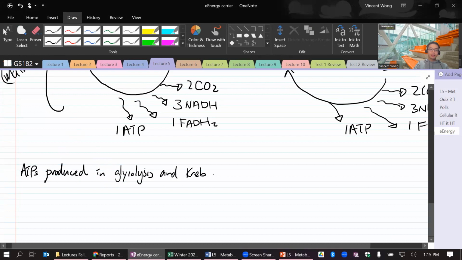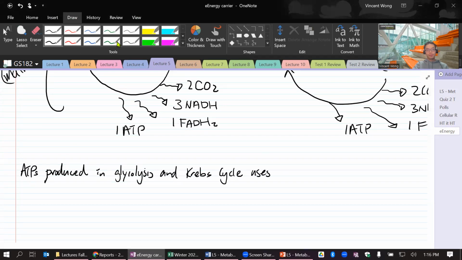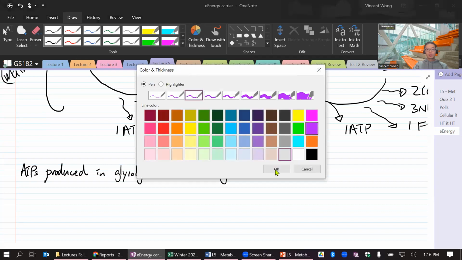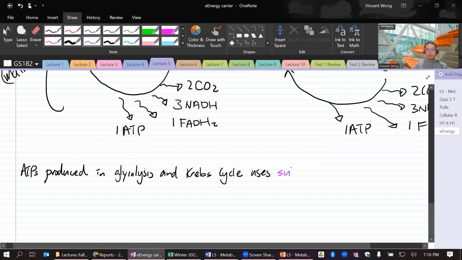We don't make any in the second step, right, in pyruvate oxidation. So ATPs produced in glycolysis and Krebs cycle use a method called substrate level phosphorylation, okay, or SLP if you want to write short.